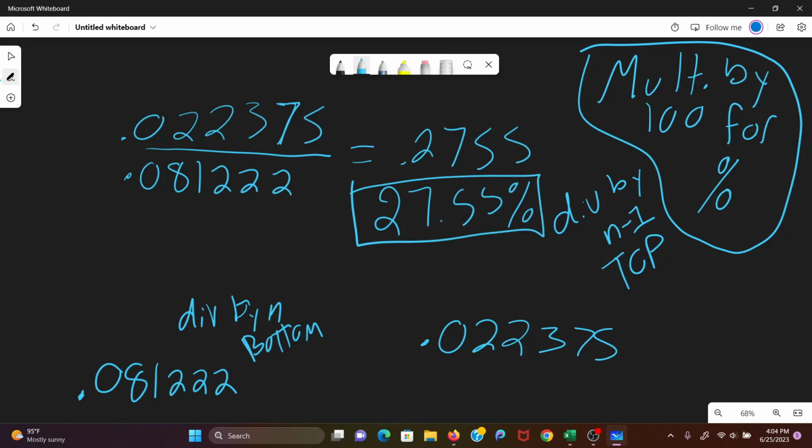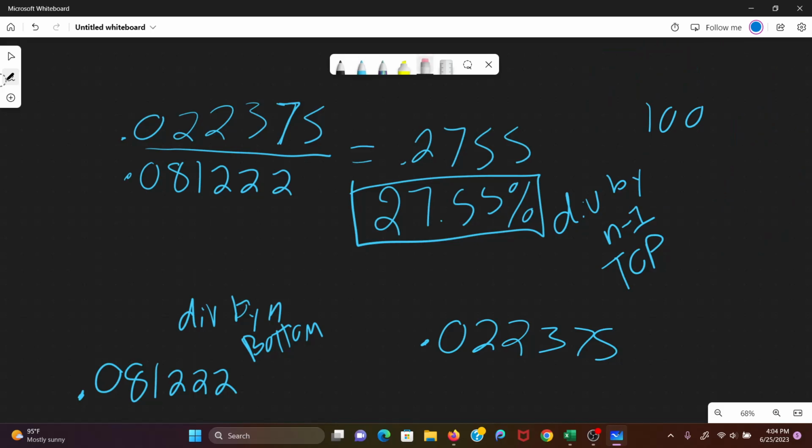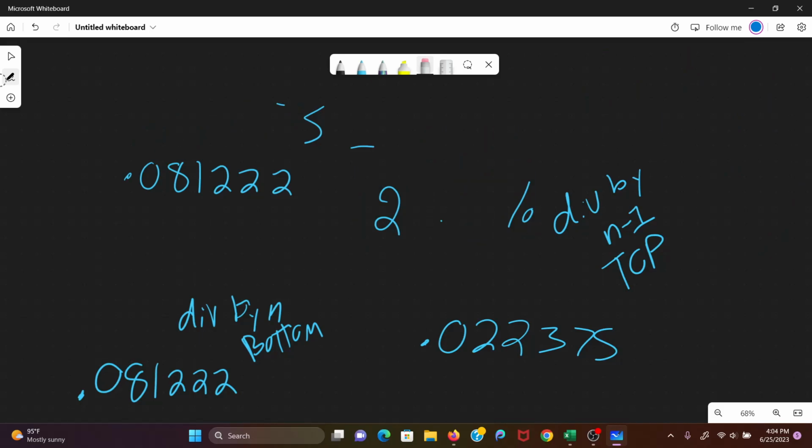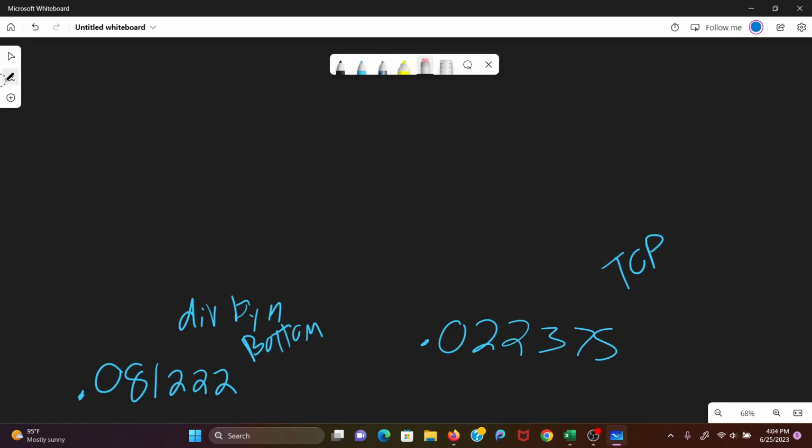Based on rounding, this is going to be anywhere between 27 and 28, something like that. And of course, you got full points. Anywhere between there, rounding is totally fine. All right, next.